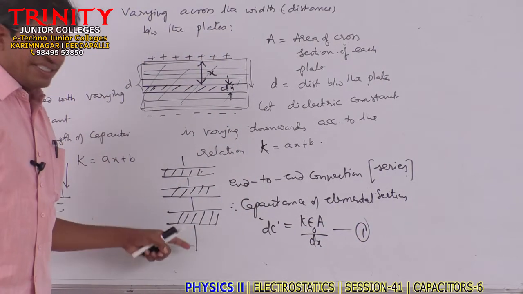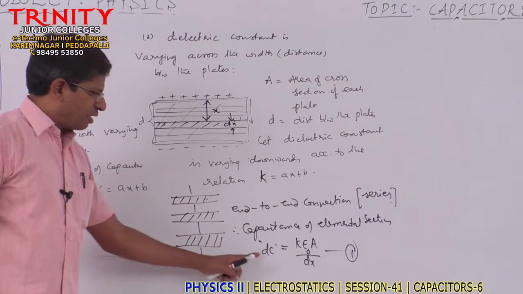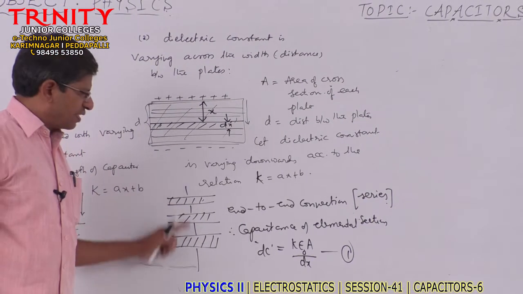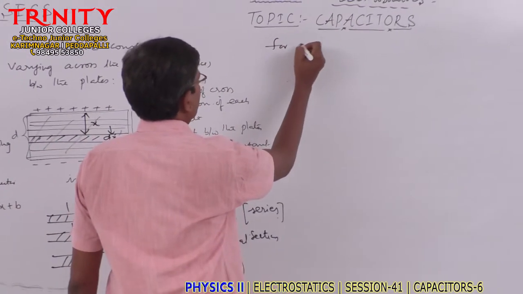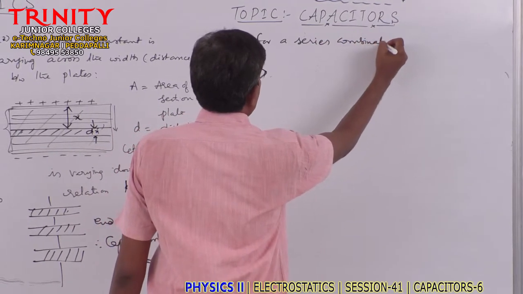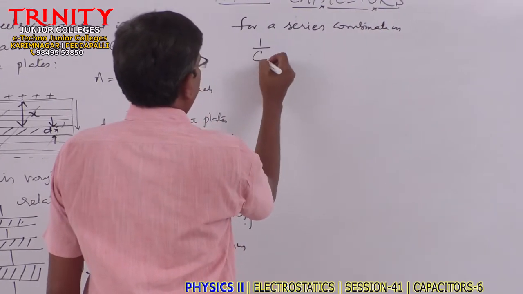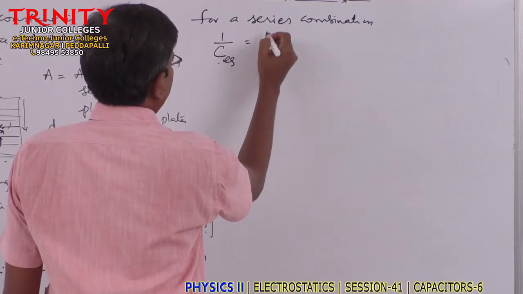Now this is a series arrangement of many such sections. For a series combination, as we discussed yesterday, the equivalent capacitance is given by 1 by dC integration.